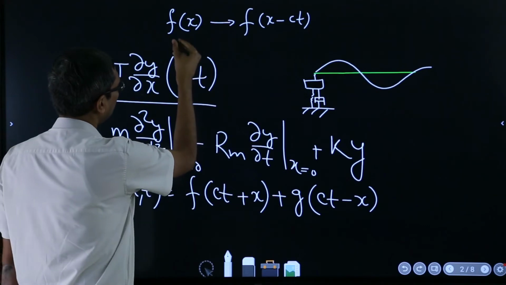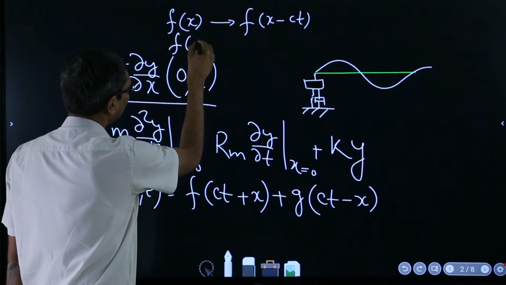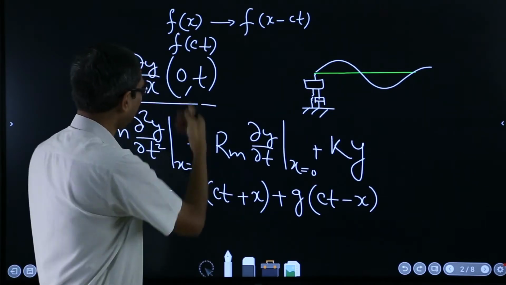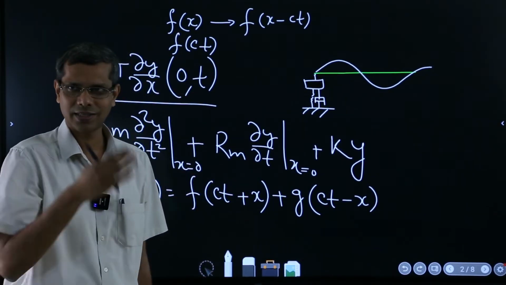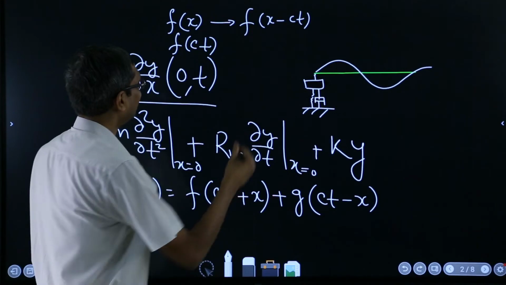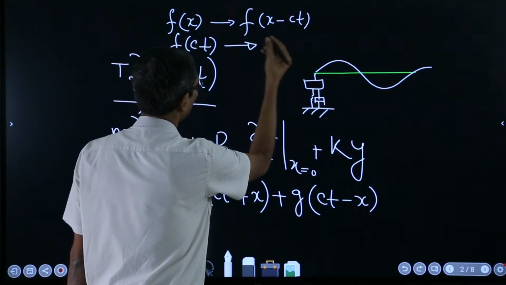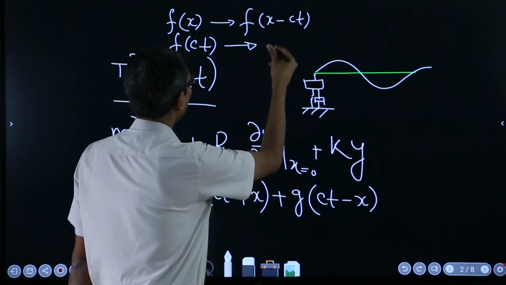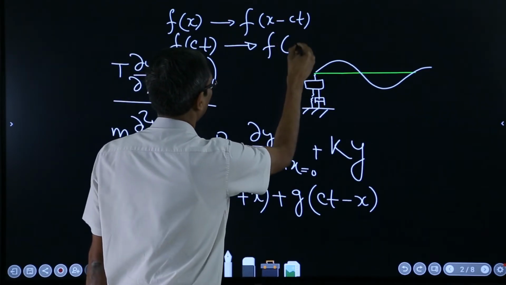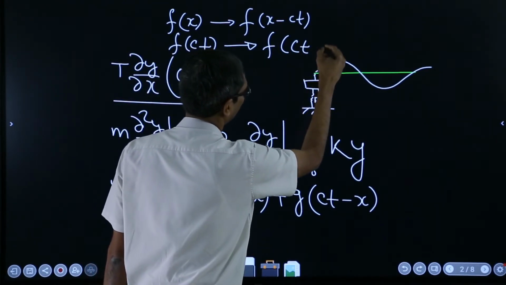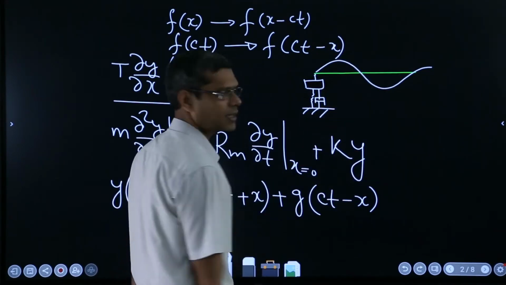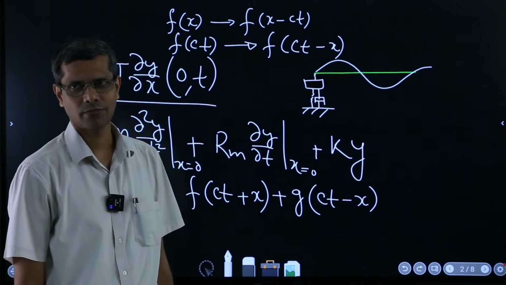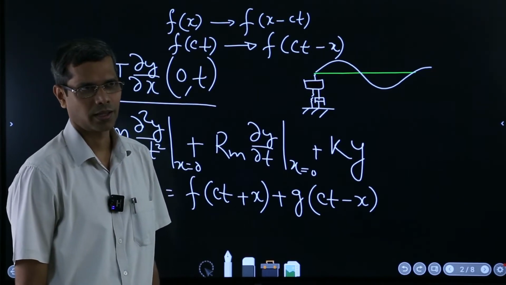So then, if you know how the motion at x equal to 0 is changing as f(t), then you can again write the movement of the wave by writing ct minus x or plus x, depending on which direction it will move. Okay.